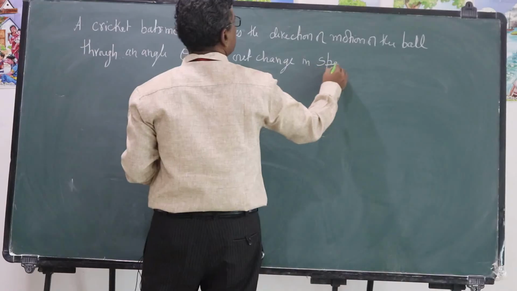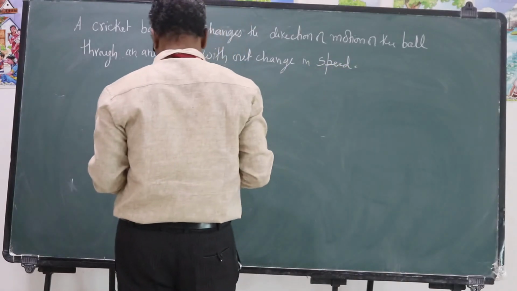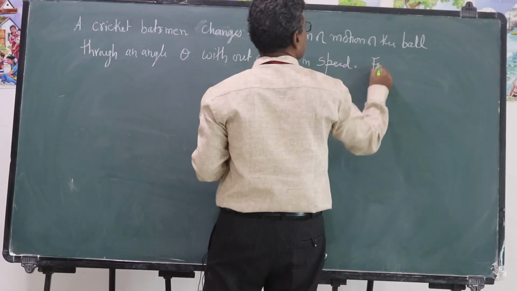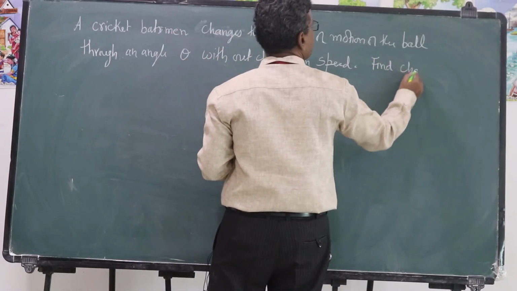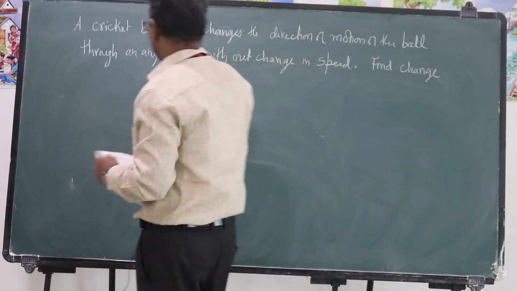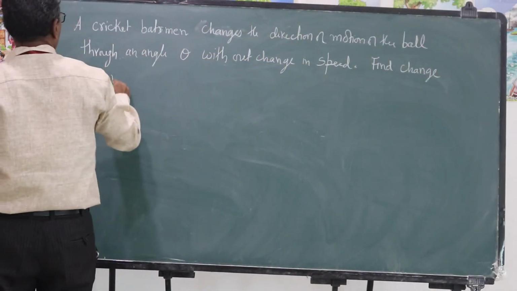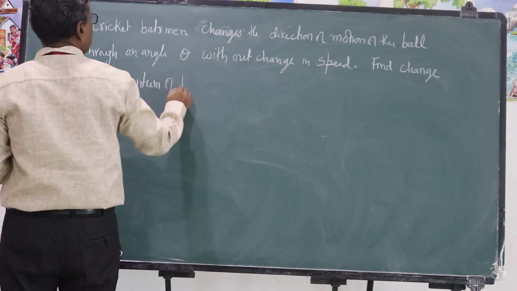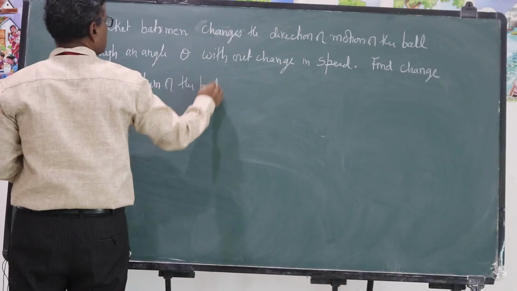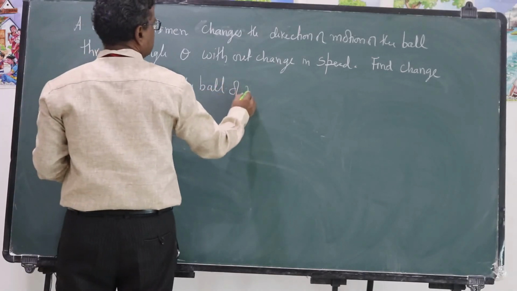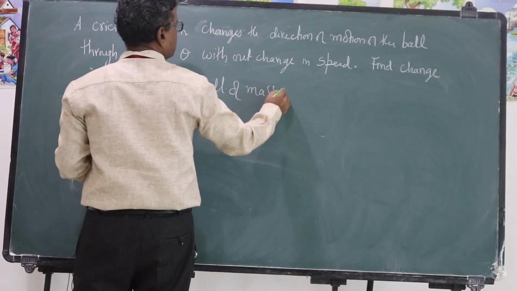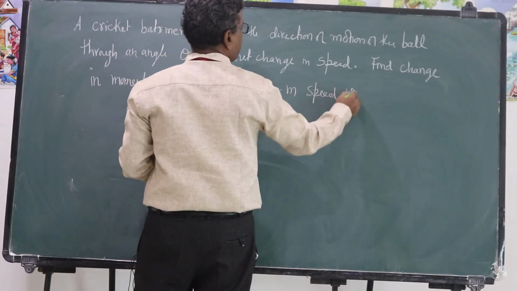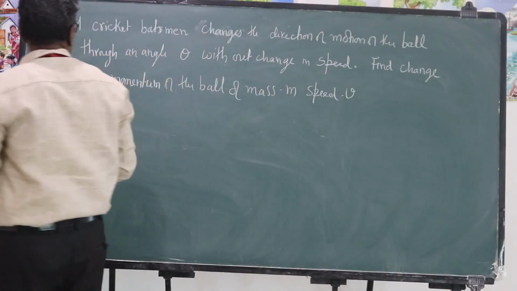Find the change in momentum of the ball of mass m, speed v. Okay, this is the problem.